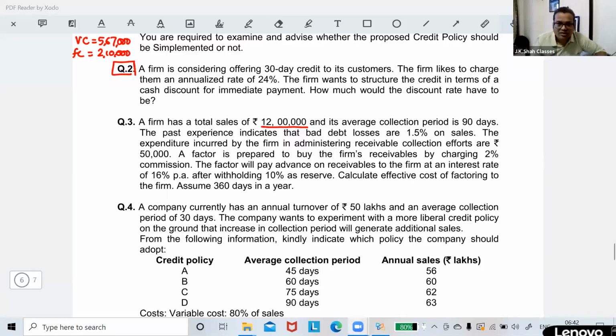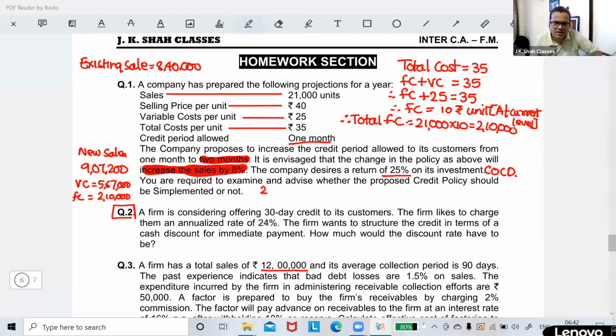How to calculate? Take 21,000 units. I'll show you that. See, 21,000 is the units. Variable cost is 25.